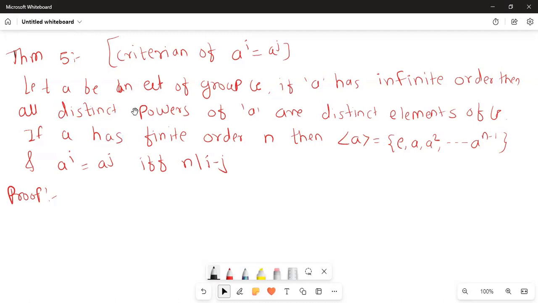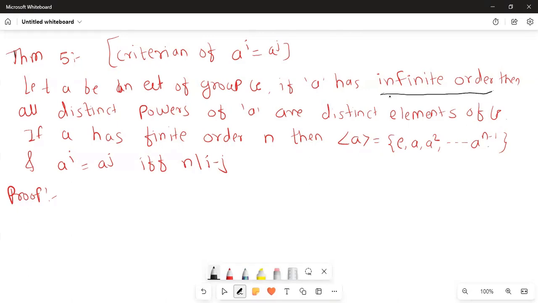Let a be an element of group G and if a has infinite order बोला है यहाँ पे देखो infinite order है, then distinct powers of a are distinct elements of G. If a has a finite order then generator of a equal to e, a, a square up to a raised to n minus 1, finite है इसलिए इसकी वैल्यूज हम काउंट कर सकते हैं. and a raised to i equal to a raised to j if and only if n divides i minus j.